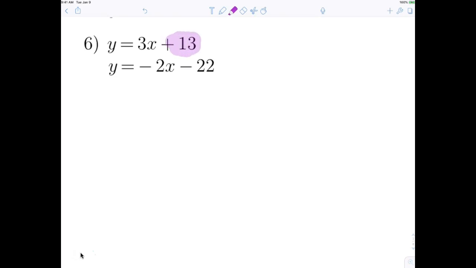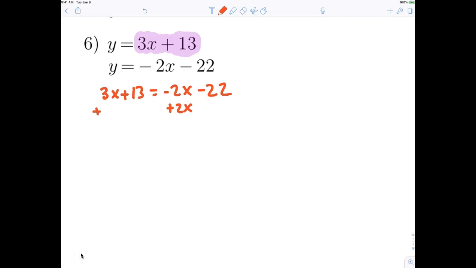Where we see a Y, I'm going to put what? 3X plus 13. Come on. 3X plus 13 equals negative 2X minus 22. Any questions with that? Now what do I need to do?